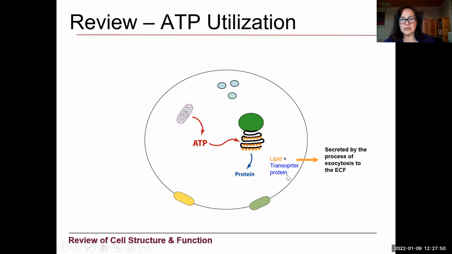You may recall lipids, the thing that all the lipids have in common is that they don't dissolve in water. And yet we're going to try to ship them through channels that are largely filled with water. And so the way that the lipid can get around is by being attached to proteins.